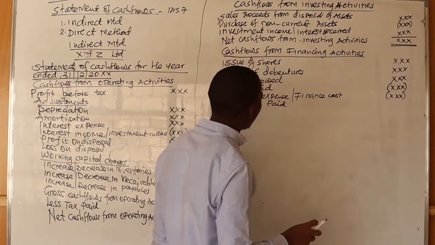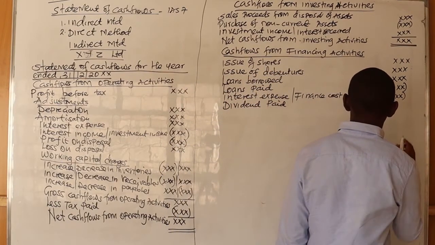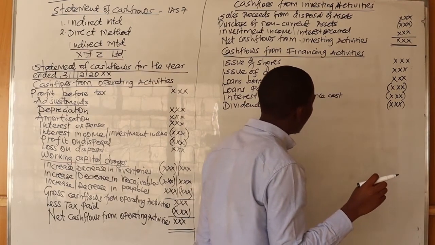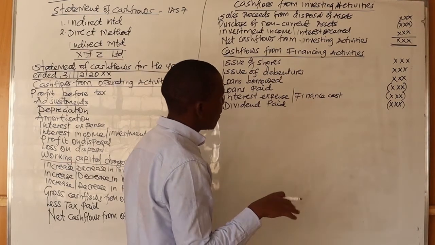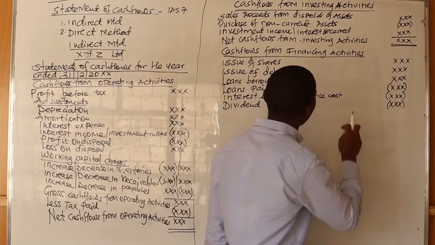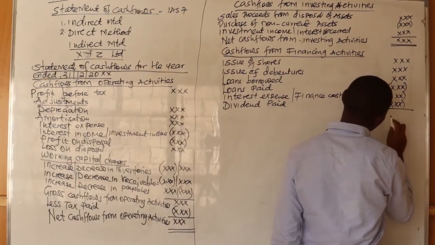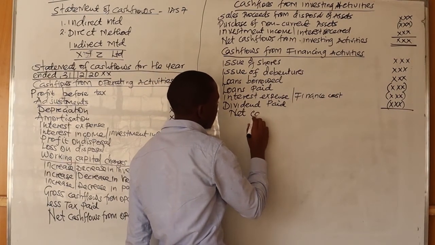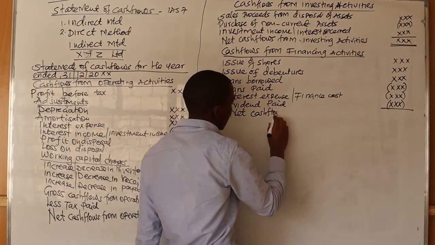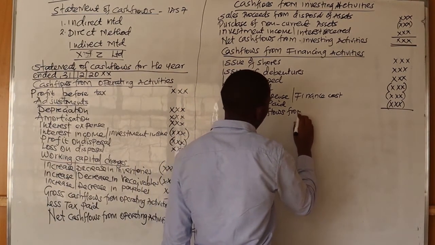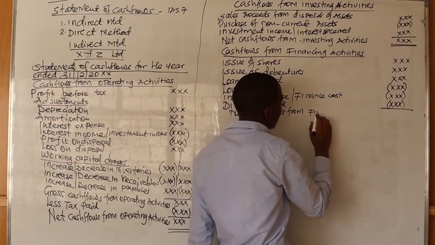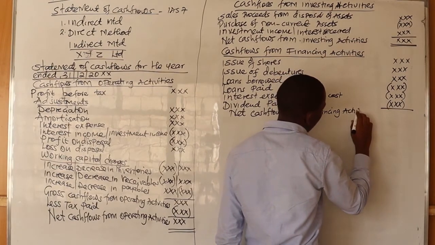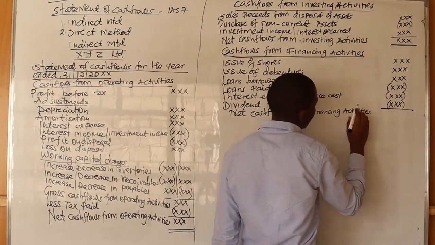Now, dividends are paid to the ordinary shareholders or the preference shareholders. Therefore, they are expenses that will be incurred on the financing. And after that, you can now get the net cash flows from financing activities. The net cash flows from financing activities.